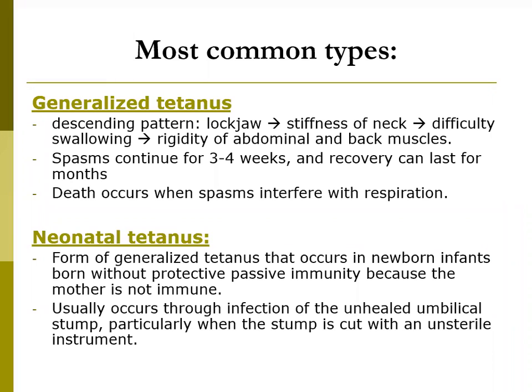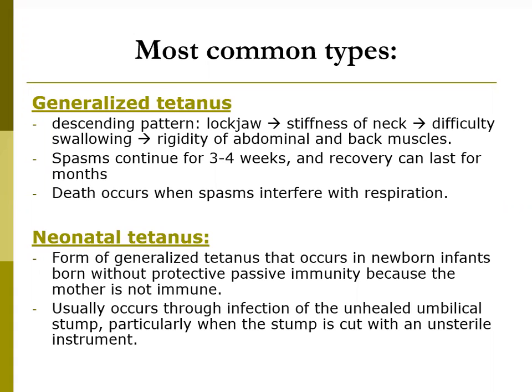Then there is neonatal tetanus. The name indicates it is a generalized tetanus that occurs in newborn infants, who are born without protective passive immunity because the mother is not immune. So even in human beings, it is said that every individual should be vaccinated against tetanus, especially females, because if the mother is not vaccinated, it can be transmitted from the mother to the neonate, which may not have that passive immunity.